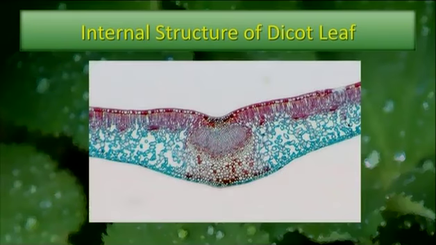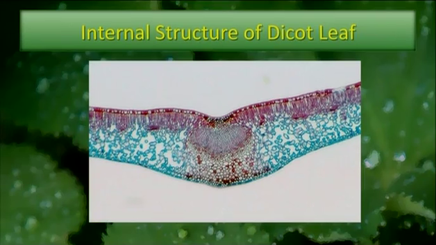Now here we have a nice color photograph of a dicot leaf cross-section. Here we have the epidermis, and the cuticle on top of that, which is stained pinkish. Then we have two layers of palisade cells. You can have one or two or three layers of palisade cells depending on the leaf. Then here we have the spongy cells.